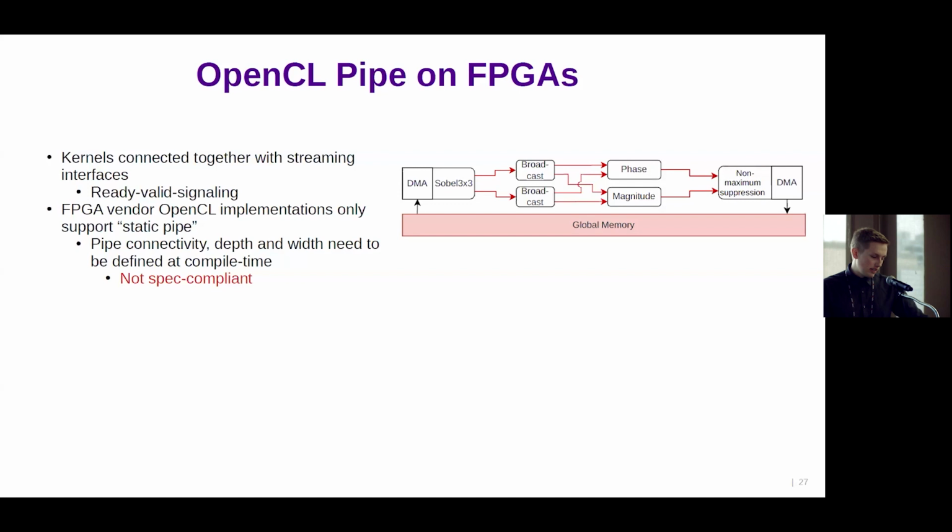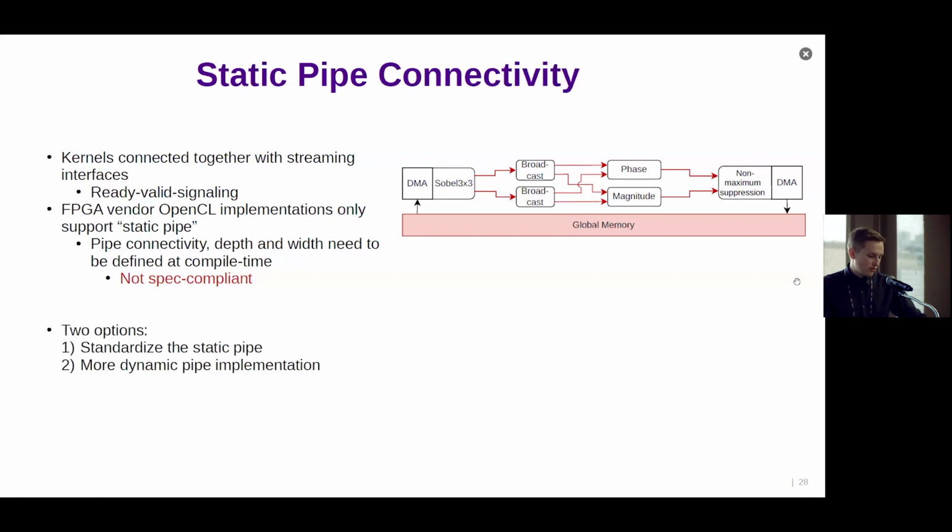The tricky thing with this one is it's not compliant to the spec at all, because you have to know this connectivity at the compile time. If you have multiple kernels, you shouldn't have to define this at the compile time. So I think there are two options here.